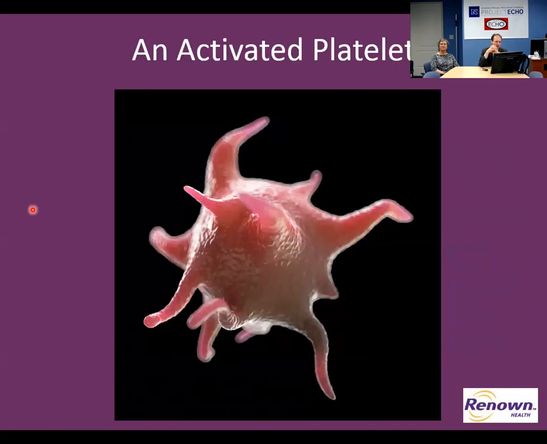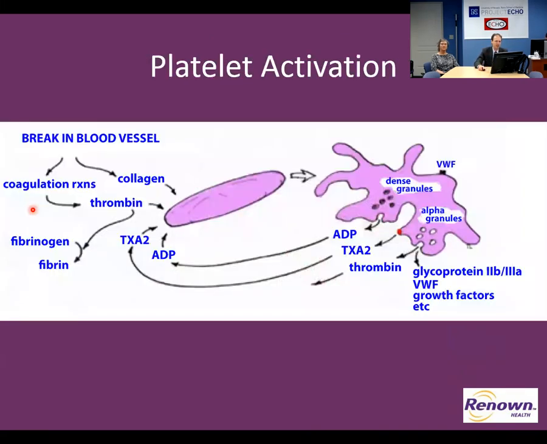I also tell them that smoking causes this to happen without any other prothrombotic milieu in the vascular endothelium. But typically, what happens to activate the platelet to get those funny looking fingers is exposure to collagen, ADP, and other procoagulants. This ADP is critically important.